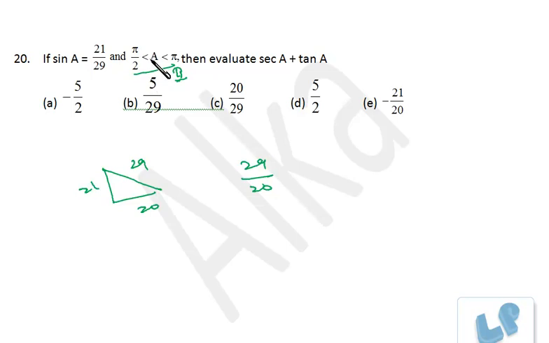But since A is lying in the second quadrant, it has to be negative, right? Similarly, tan A is what? Perpendicular by base, so 21 by 20. But since A is in the second quadrant, it will also be negative, right? So 29 and 21, that's 50 by 20, so that's minus 5 by 2. Be careful about this, A lies in the second quadrant. I hope you are getting the concepts.